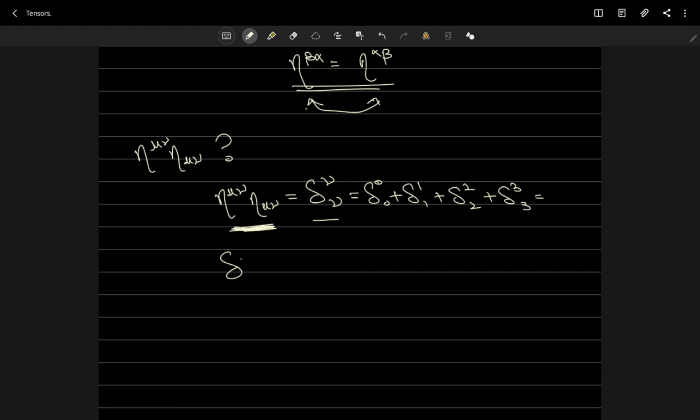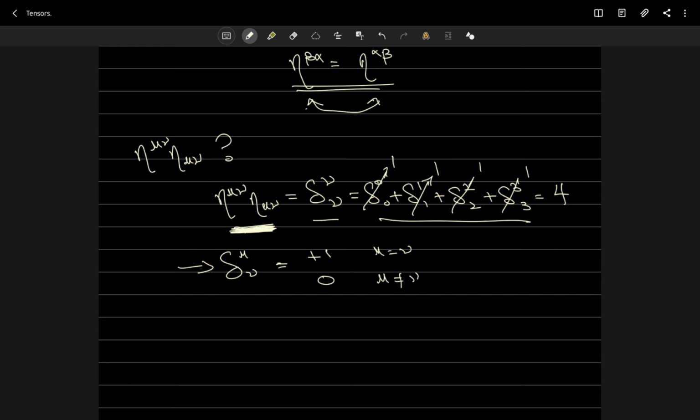If you remember the delta function, delta mu nu gives you +1 for mu equal to nu, and it vanishes when mu is not equal to nu. So each term gives +1, and 1 plus 1 plus 1 plus 1 is 4. So this is simply giving you the dimension of your space-time.